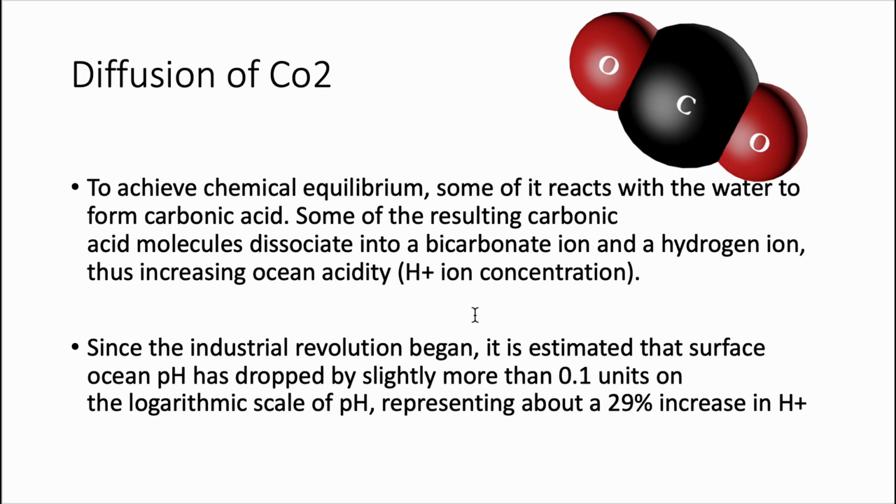So since the Industrial Revolution began, it is estimated that surface ocean pH has dropped by slightly more than 0.1 units on a logarithmic scale of pH. So that actually represents a 29% increase in hydrogen ions. So we are seeing much more acidic conditions than we have just since the Industrial Revolution.